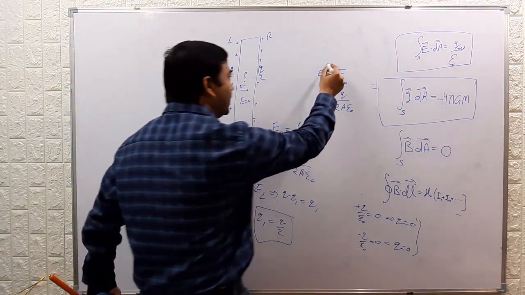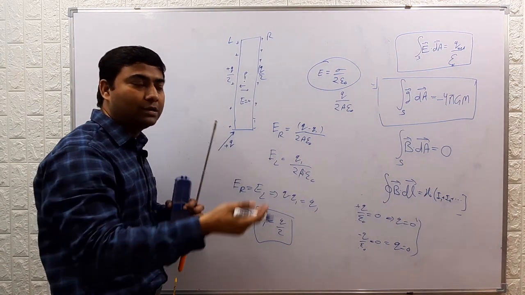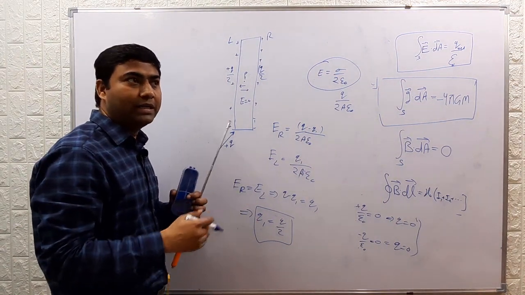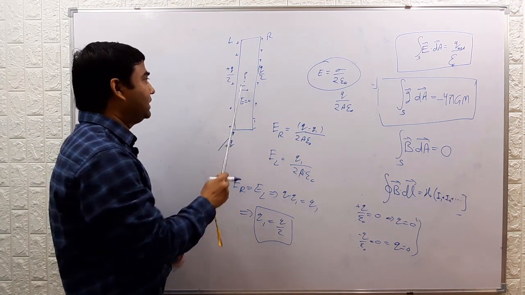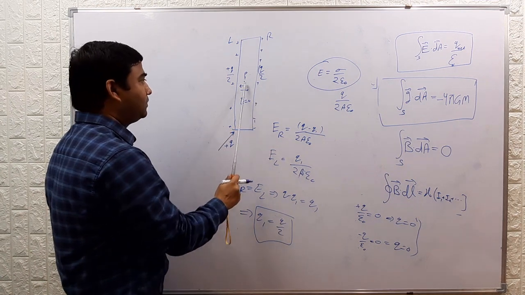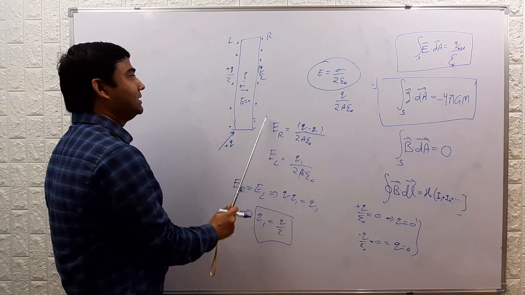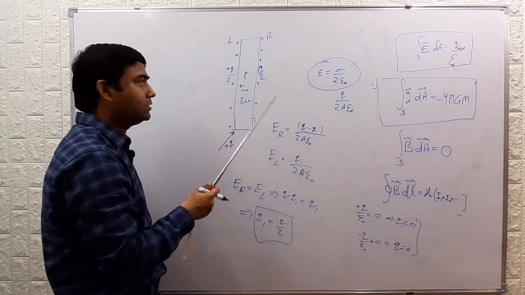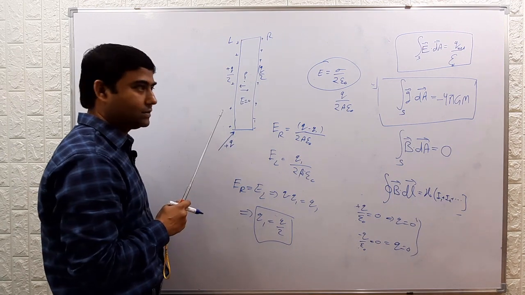So this formula of a charged sheet you can use for real sheets also with a suitable assumption. Here we have assumed the sheet is very thin, hence for point P, both these surfaces act as infinitely large charged surfaces.